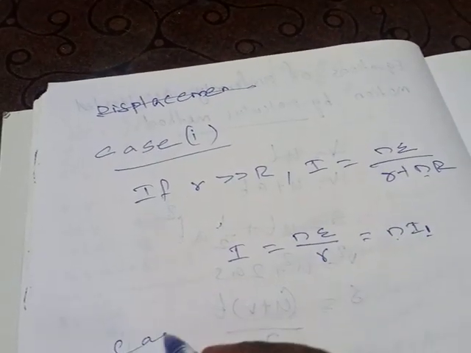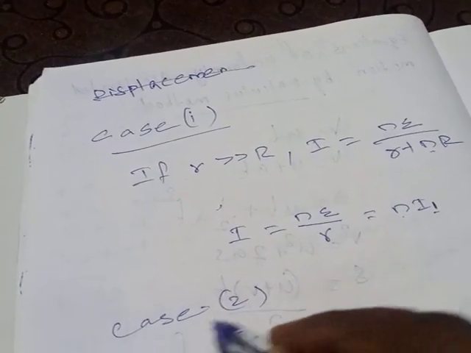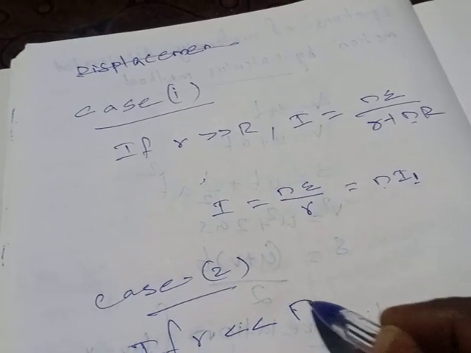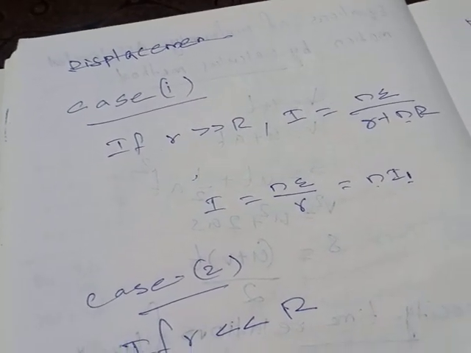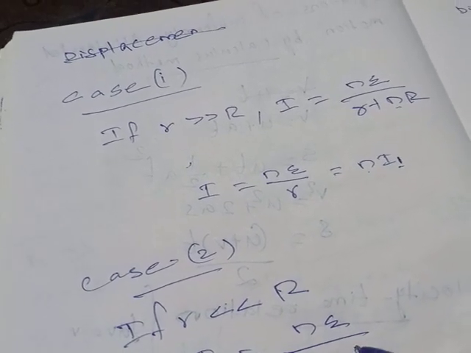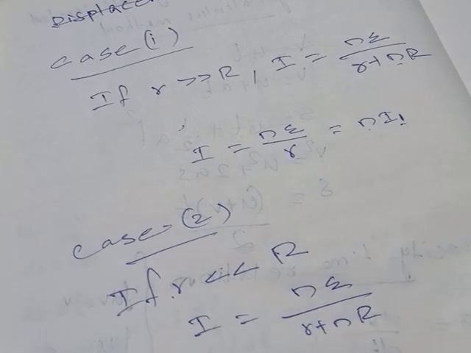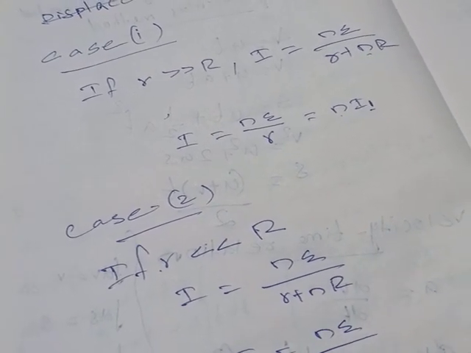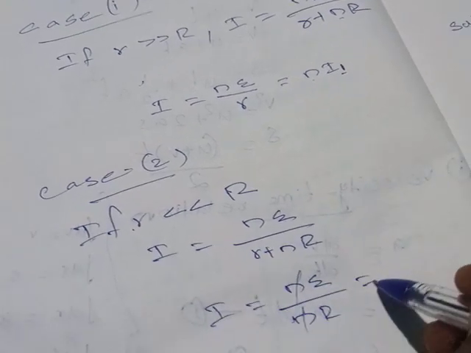Case 2: if R is very much less than r, then I is equal to n epsilon by R plus nr. Here this R will be neglected, so I is equal to n epsilon by nr. The n cancels and we get epsilon by r.